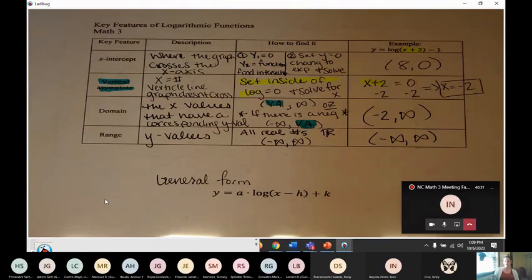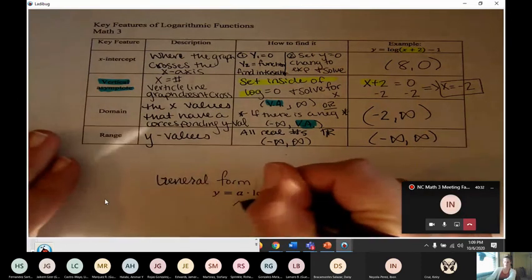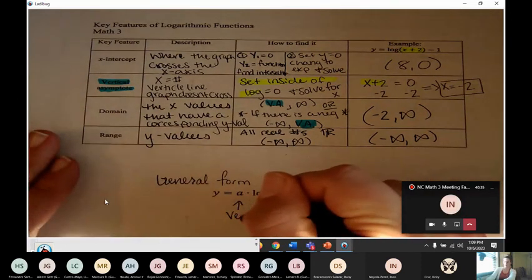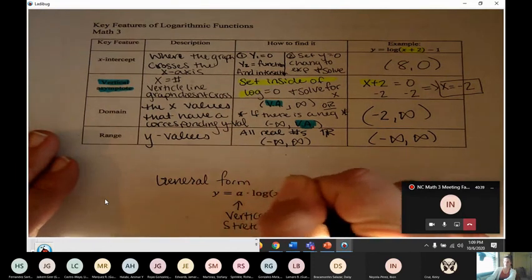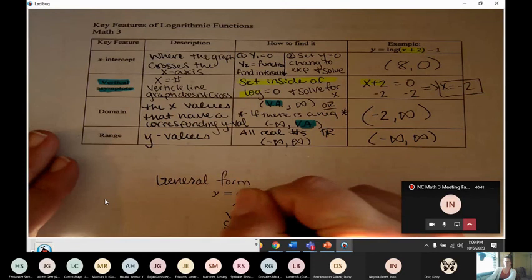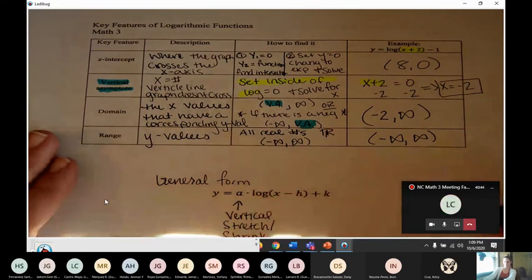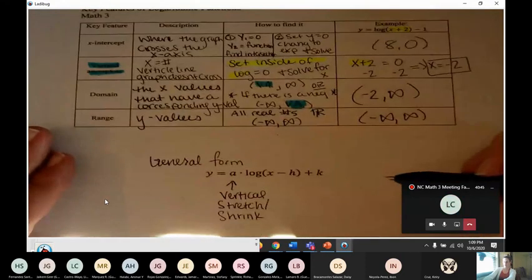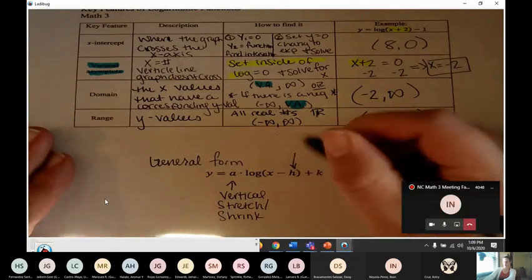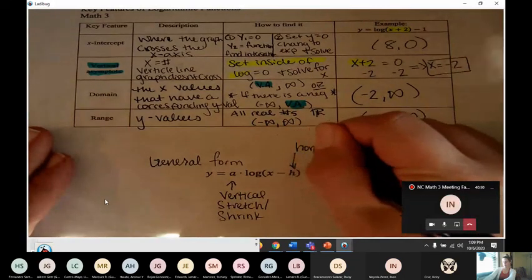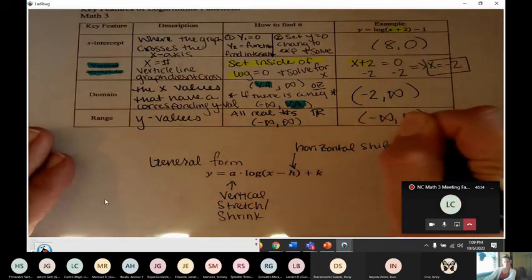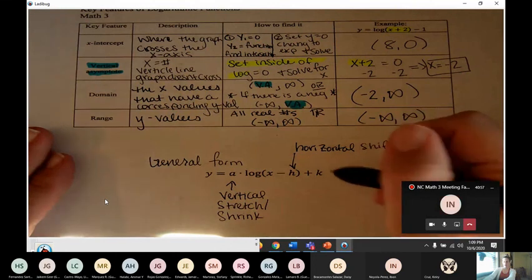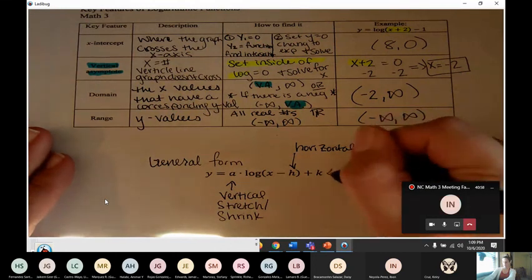So just like all of our other functions, A is going to represent our vertical stretch or shrink. Our H is going to be our horizontal shift. And our K is going to be our vertical shift.